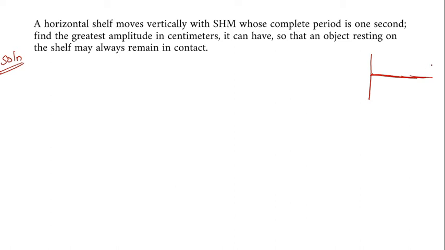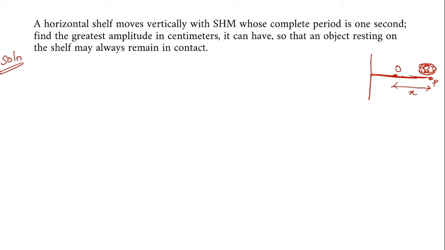So this object we can consider as something, and the point of contact at the center point is O, and the position of the object is P. So this distance we can consider as X. Okay, right. So these are the things we derived from the question.